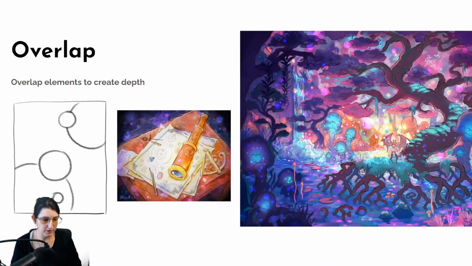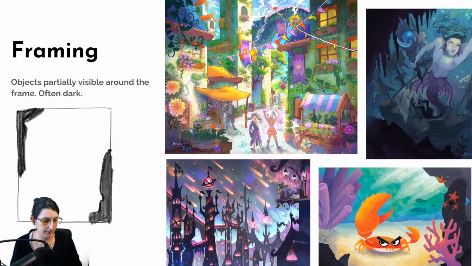If we go back to this previous one, this tree in the upper left is also creating a frame, as well as this little land mass with the mushrooms. You can see here there's a house and another building with the character framing the right side of this drawing.